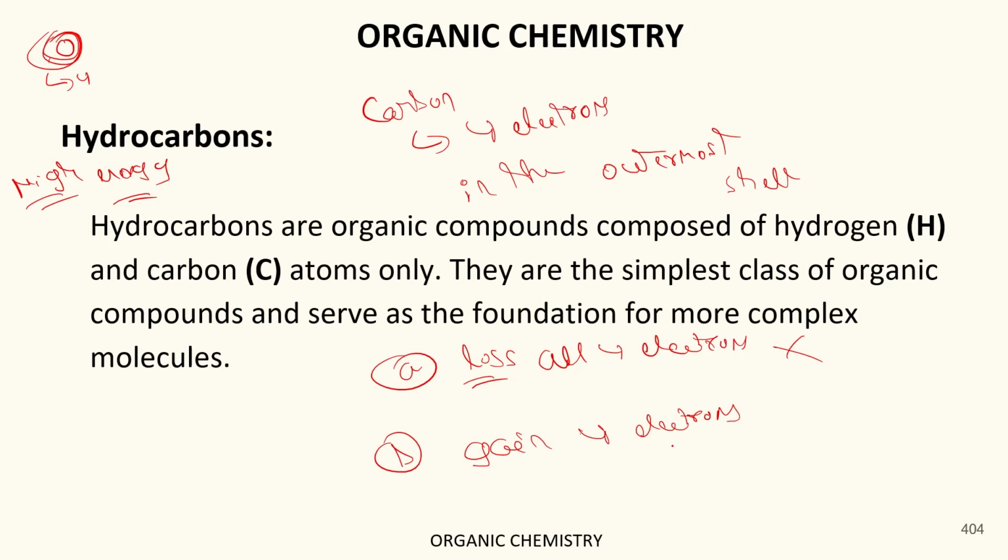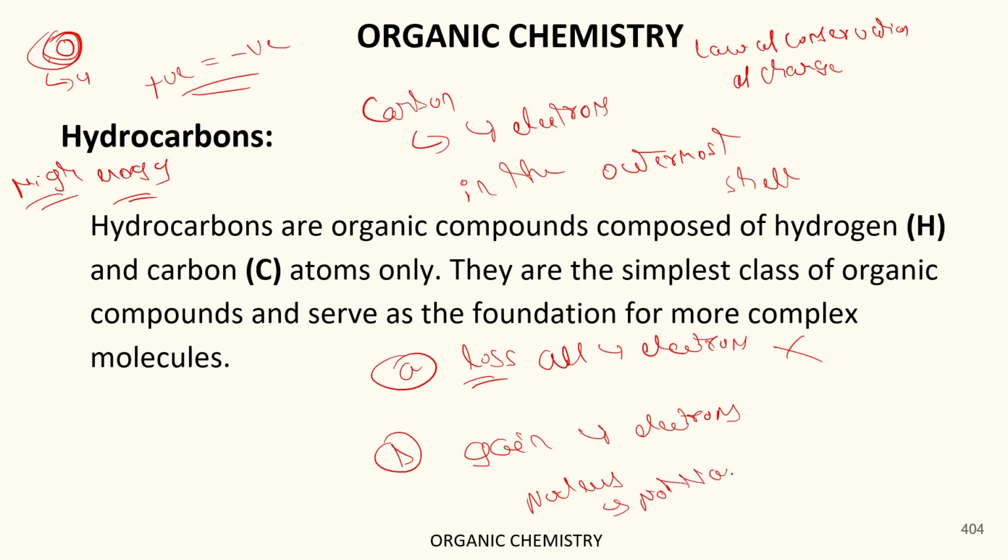Second scenario, gain 4 electrons. Remember, in the law of conservation of charge, I had told you that the positive should be equal to the negative to get the stable condition. So if carbon gained 4 electrons from someone, then its nucleus would not have sufficient positive charge.